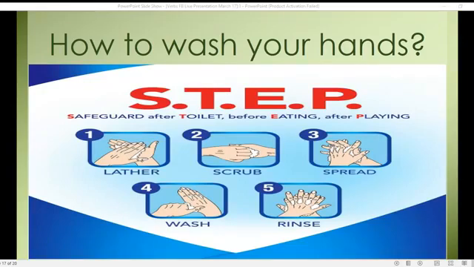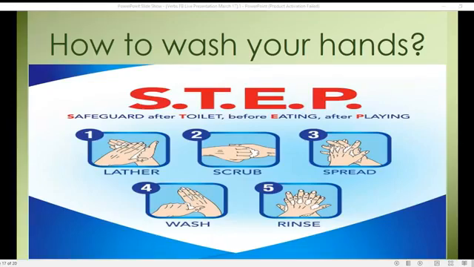So, for example, you have to soak with water and lather your palm and have to scrub your hands or your fingers and spread out the residue of soap into your fingers. Parang ganun lang yung example.